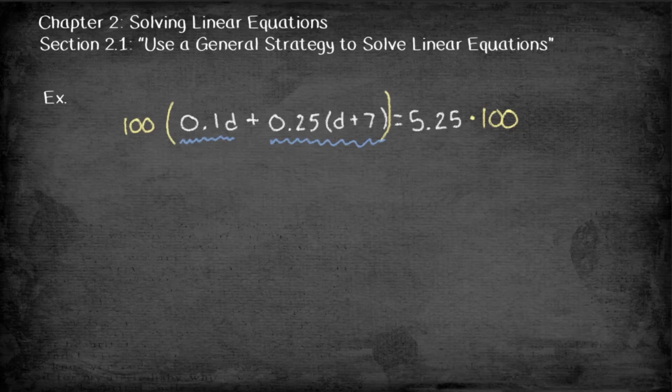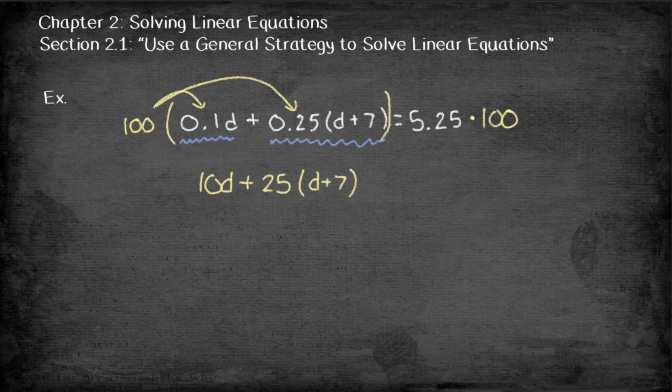So when I distribute, it's only going to those 2 terms. So 100 times 0.1d gives me 10d. And then 100 times 0.25 times d plus 7 is giving me 25 times d plus 7. You're not multiplying the 100 with both the 0.25 and the d plus 7. You're only multiplying it with one of them because they're one term.